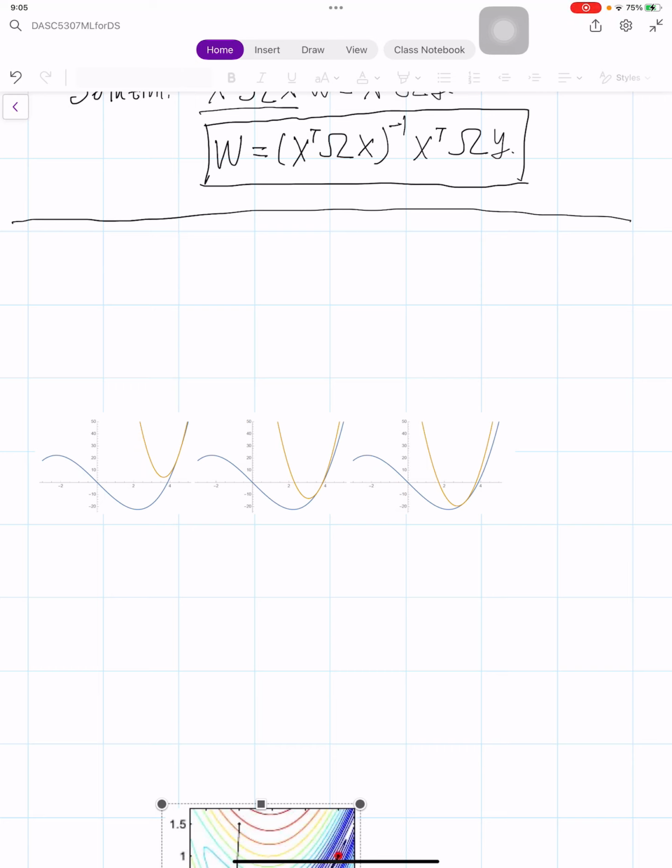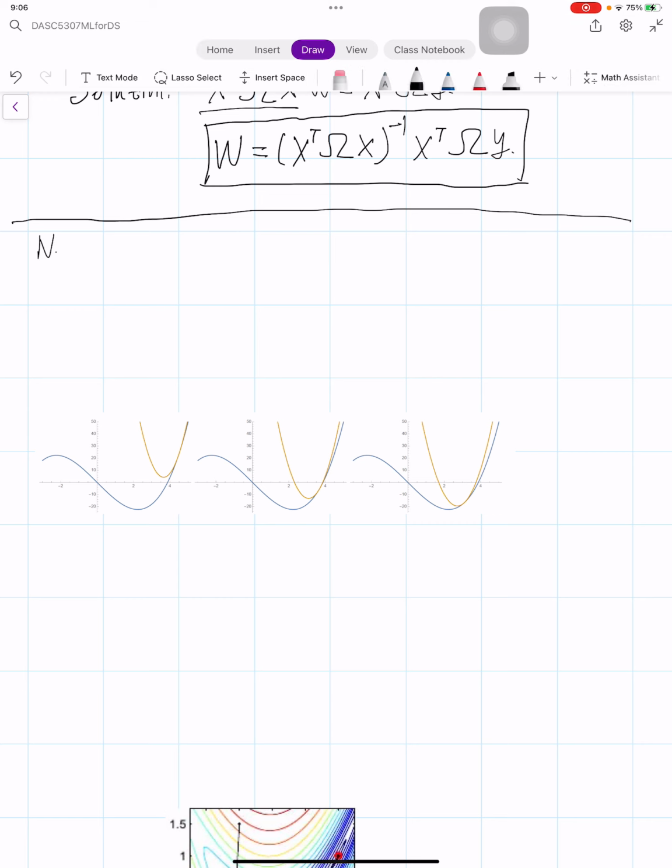Okay, in this video, I'm going to talk about a numerical optimization method called Newton's method, which is also very commonly used in applying statistical machine learning estimation.